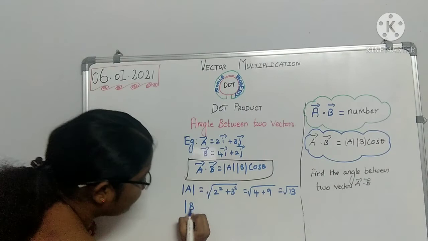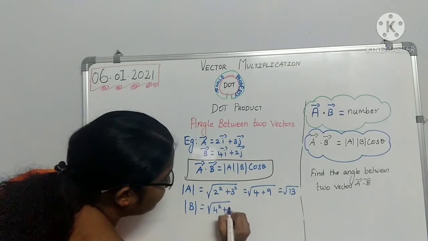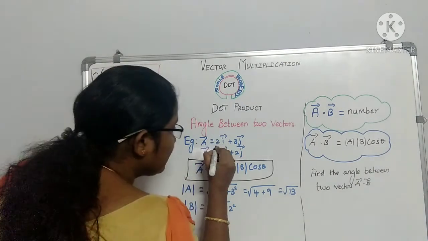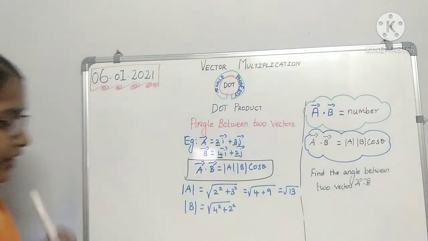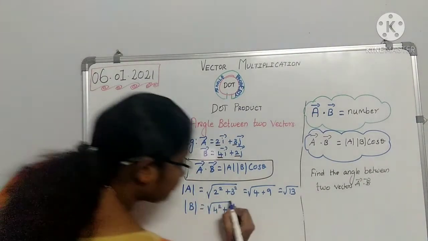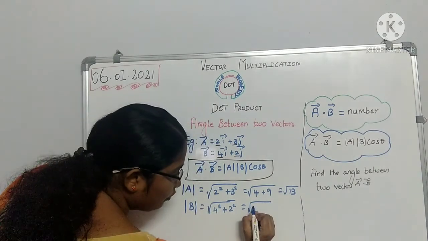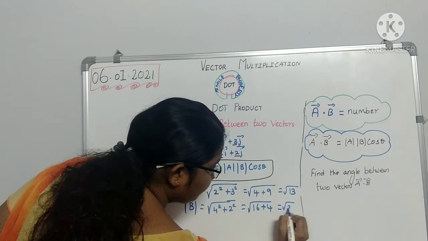And for B, root of 4 square plus 2 square. You should take only these numbers for finding the magnitude. 4 square is 16, 2 square is 4, so you will be getting root of 20.